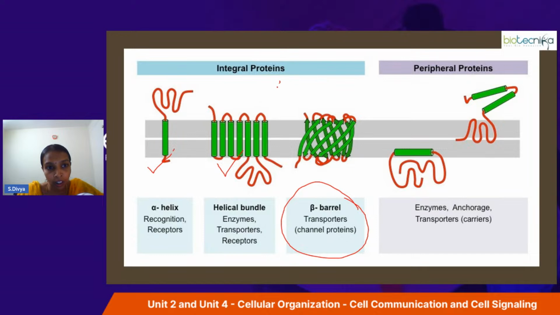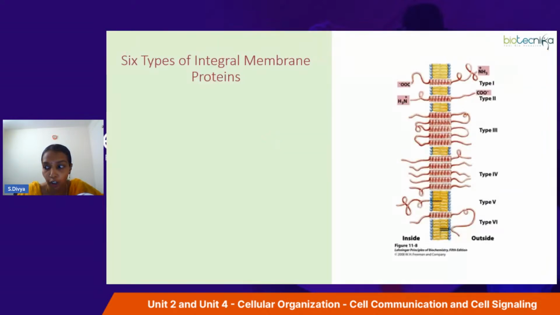Now, focusing on integral membrane proteins, we have a total of 6 different types of integral membrane proteins. Now, how are these integral proteins classified, any idea? Based on something, right?